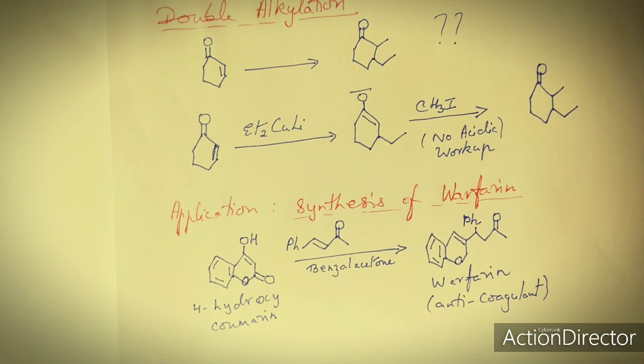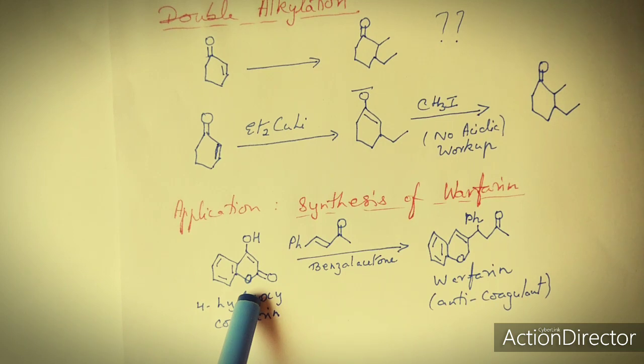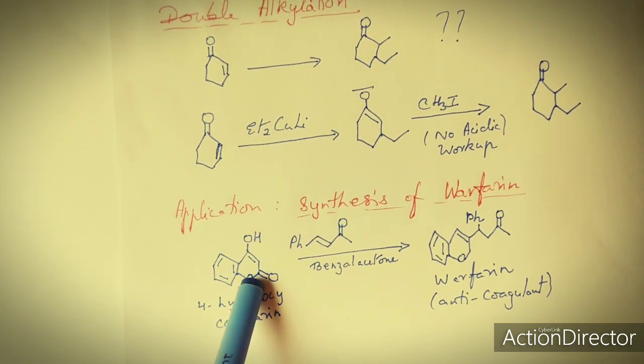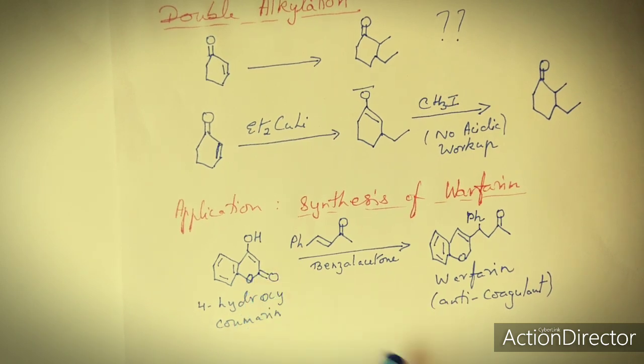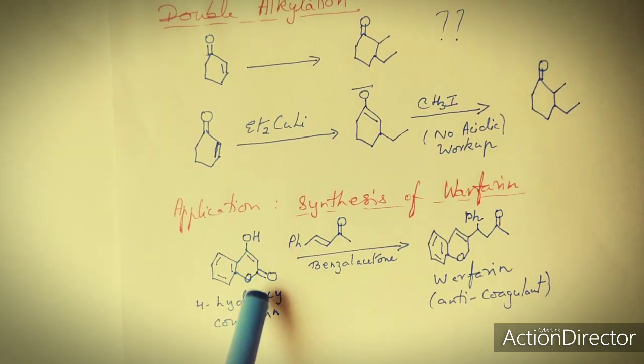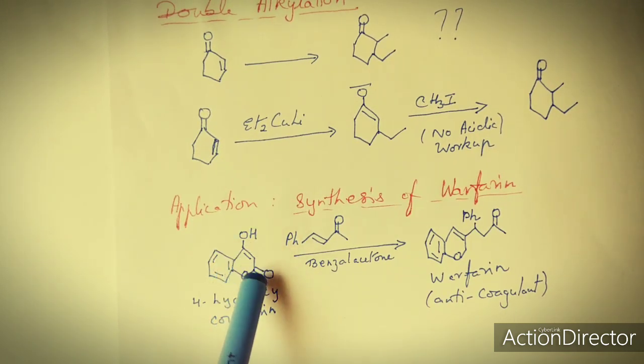So the application is the synthesis of warfarin. Now warfarin is an anticoagulant, used to prevent blood clotting. So how does this work? See, this is a coumarin, this ring together with this 6-membered ring with oxygen, the heteroatom. This is 4-hydroxycoumarin.